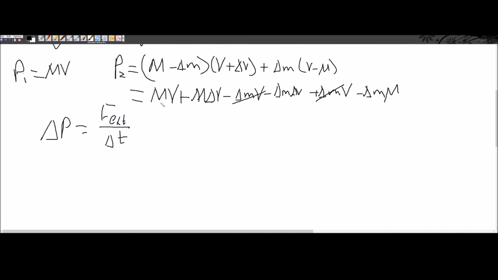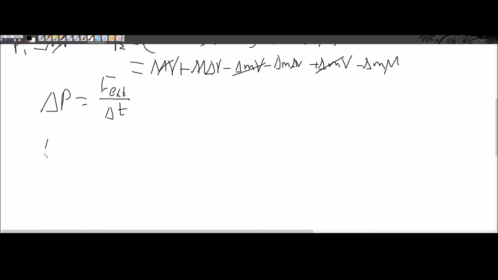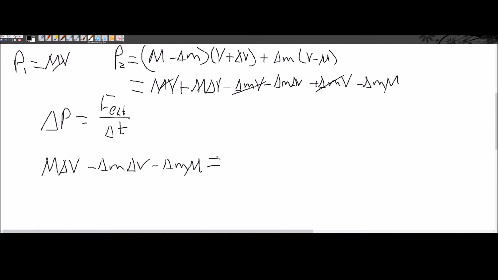So you see, Mv, these two will cancel out. So your change in momentum is going to be big M delta v minus delta m delta v minus delta m mu, right? Three terms. And this is going to be equal to your external force, which in this case is just going to be Mg, right?